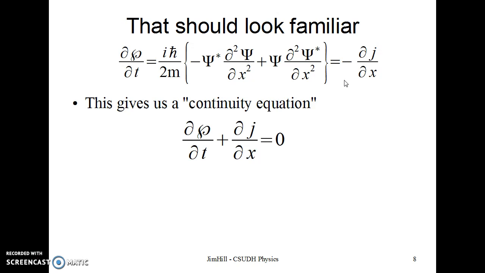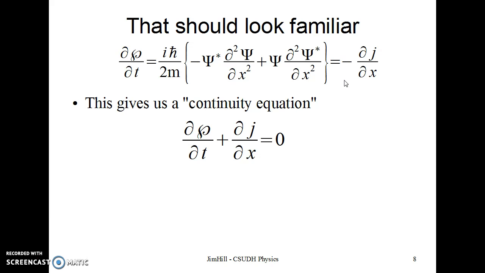This gives us what they call a continuity equation. You may or may not have run into them before, but continuity equations you will run into in many upper division courses because there are similar things for fluid mechanics, for electric current, and for heat flow and thermal energy. Actually, there's more context if you go further in physics.